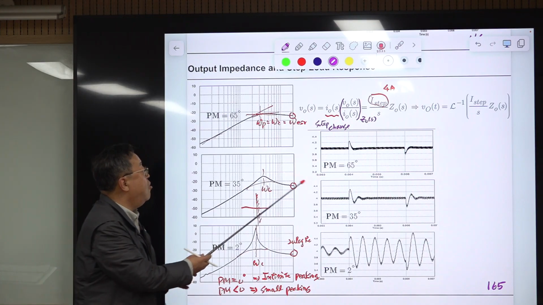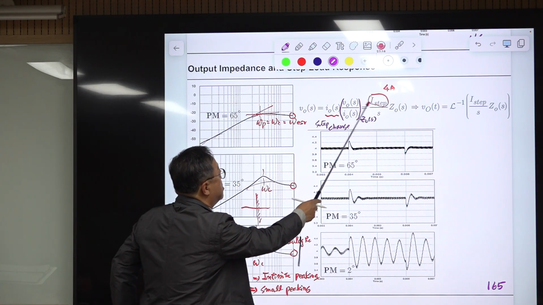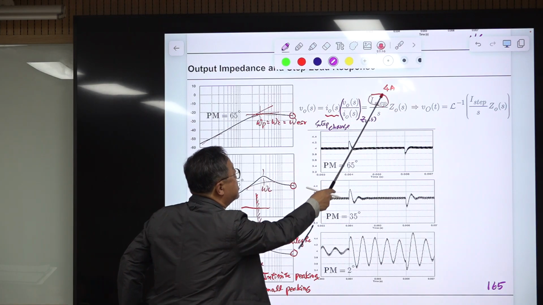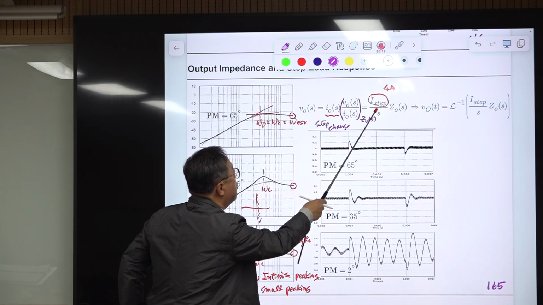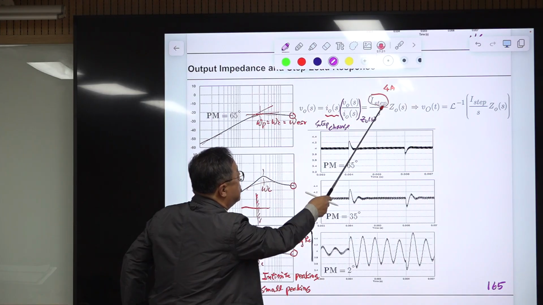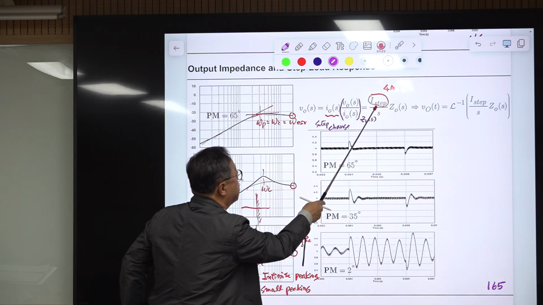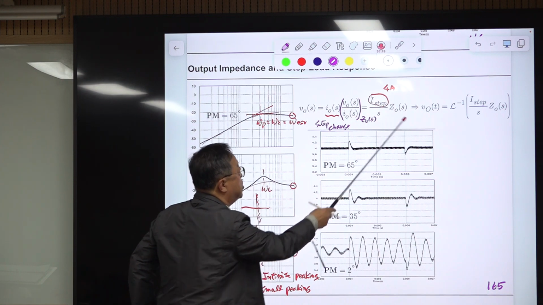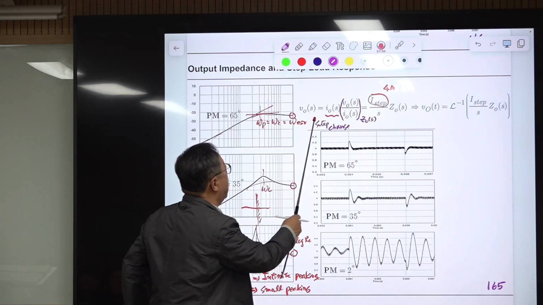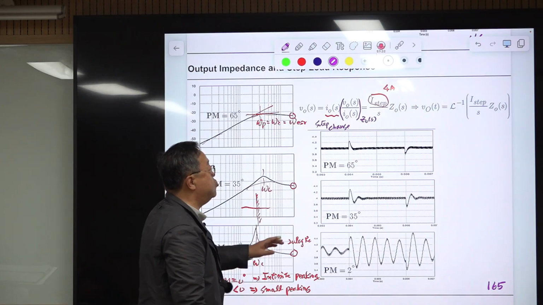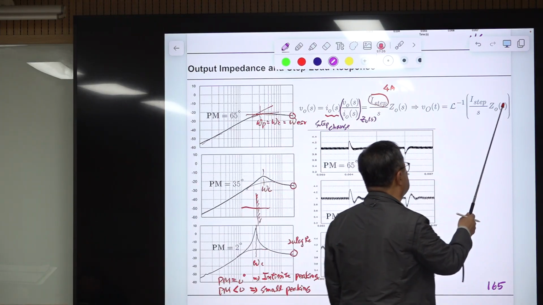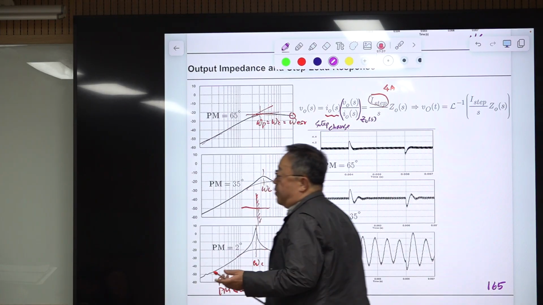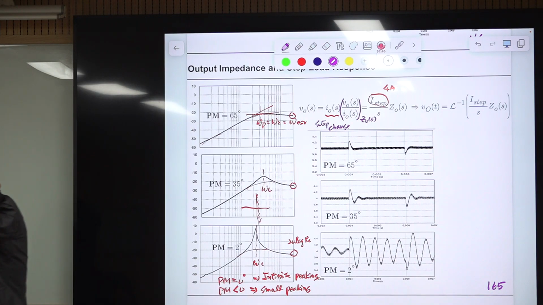Okay. So if you have the 4M step, this is the S domain expression of step change, I step divided by S, or 4 divided by S, times output impedance. Okay. So this is the S domain expression. Then you take the inverse Laplace transformation of this. Then this becomes the time domain expression of our voltage.